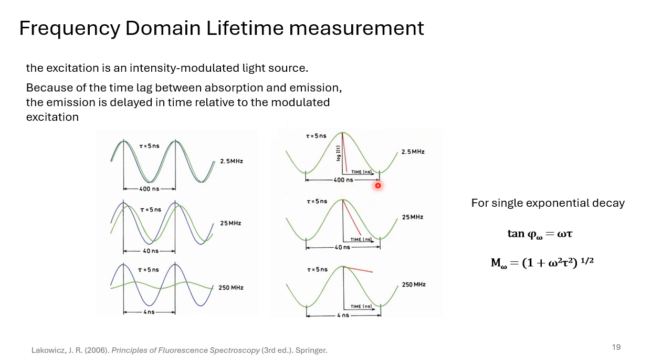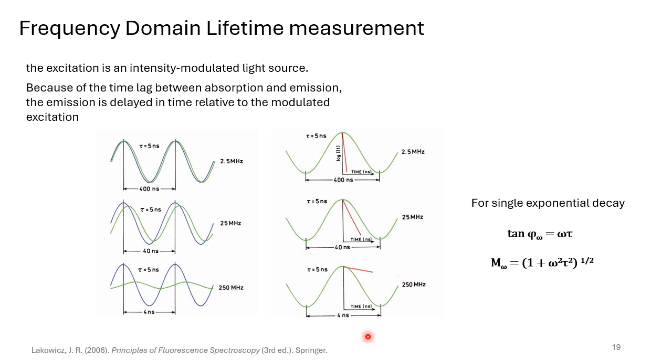Now, when we change our modulation frequency from 2.5 megahertz to 25 megahertz, this cycle becomes 40 nanoseconds. So now it is better than before, as it's still small but not as small as it was before.